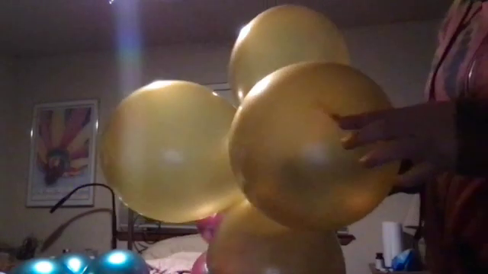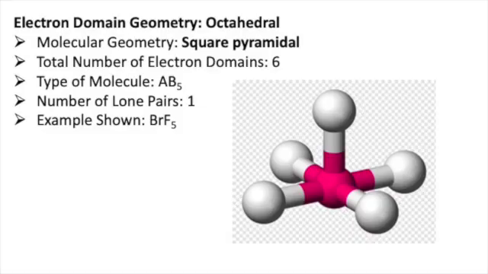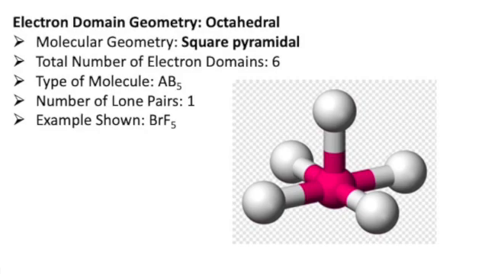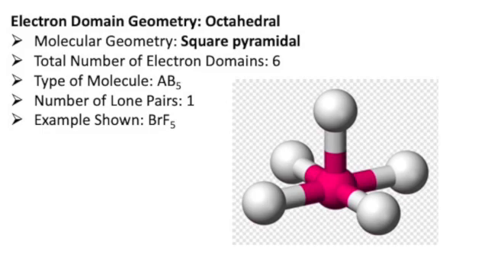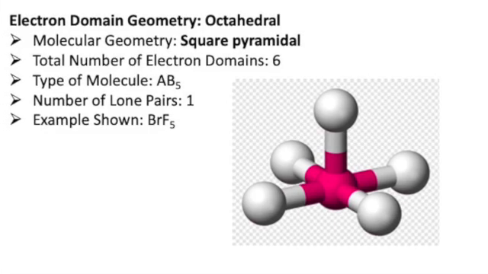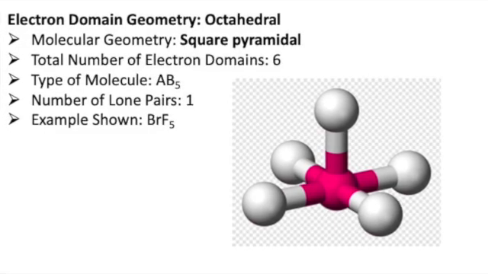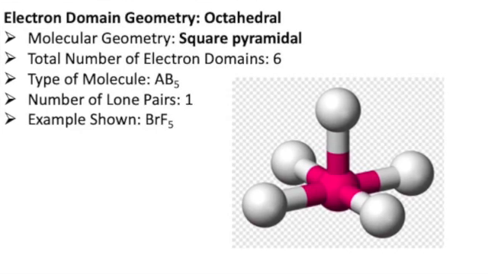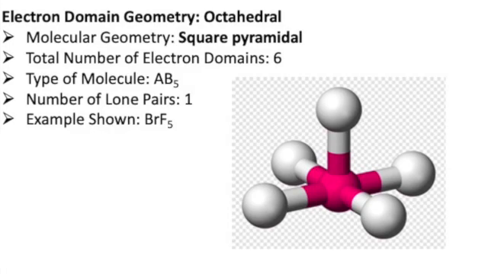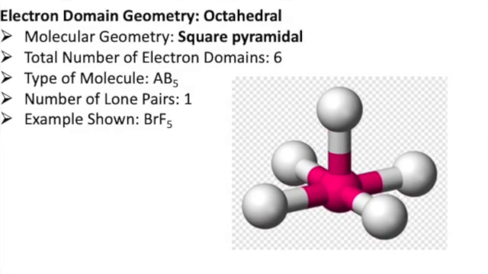The number of lone pairs here, though, is 2, and a real-world example is bromine trifluoride. On the next slide, we can see that there are 2 lone pairs situated on the bromine atom, and again we have the 2 different angles.